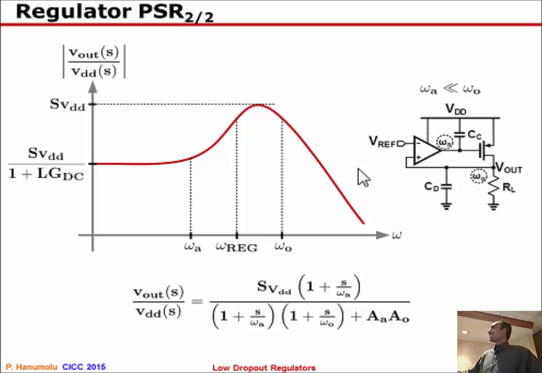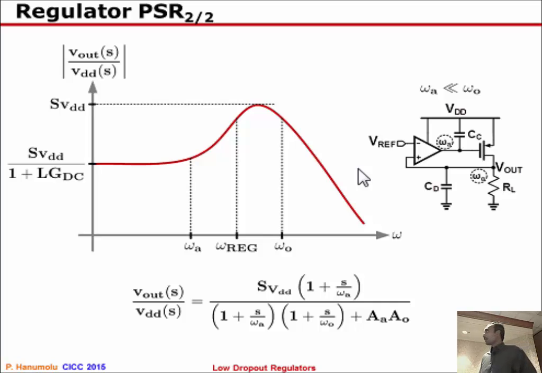Just to make it look nicer, I didn't plot the Bode plot, this is the real plot, so it doesn't stay flat. So once you hit the pole at the output, which is governed by the output capacitance, what you will end up finding is this capacitor is going to short the output load resistance, or in other words, it's going to take all the noise instead of it flowing into the load resistance, so the power supply rejection sort of improves at very high frequencies.